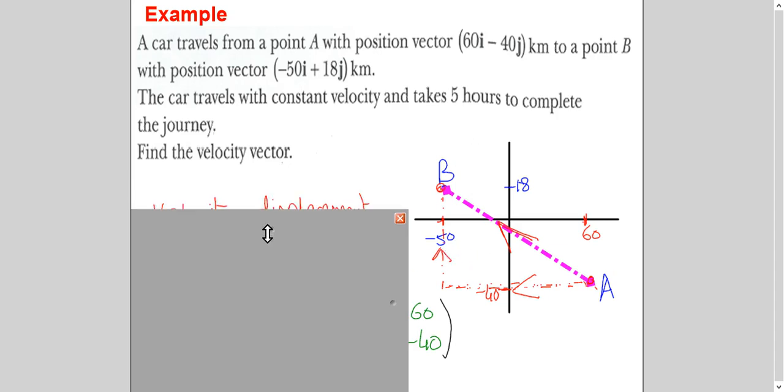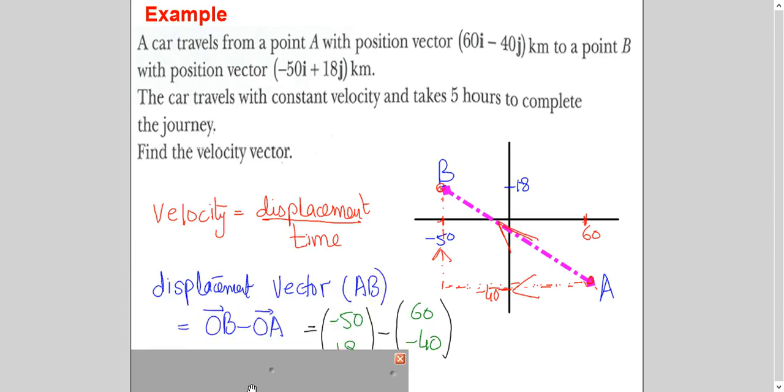Right. So now you need to have a basic concept here that the velocity vector is basically going from A to B. And if I split it up into position vectors, it will be OB minus OA. Agreed? We have seen this concept in previous vectors videos. So OB is given to me as minus 50 and 18, and OA is 60 and minus 40.